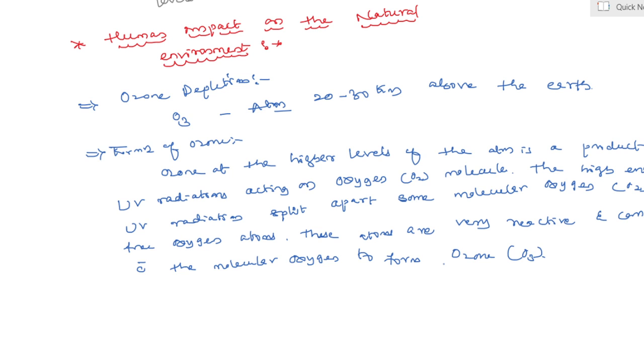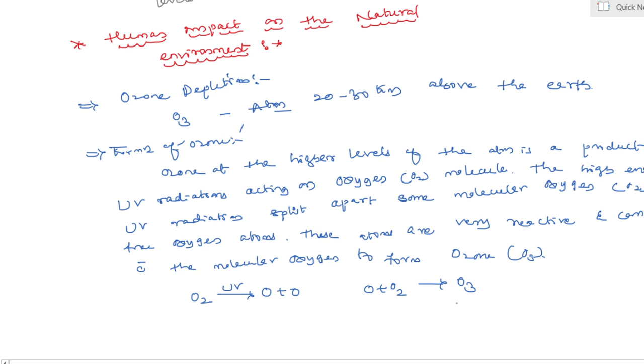The high energy ultraviolet radiation splits apart some molecular oxygen into free oxygen atoms, O. These atoms are very reactive and combine with the molecular oxygen to form ozone, O3. That is, O plus O2 gives O3, which is ozone. In this way the formation of ozone takes place.